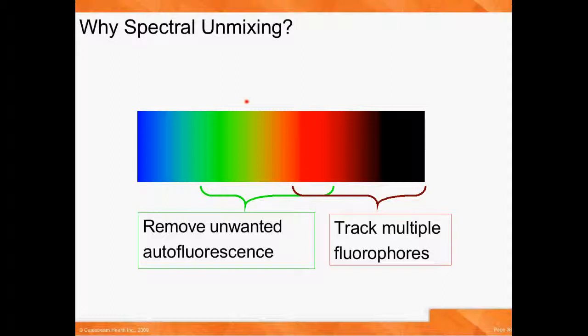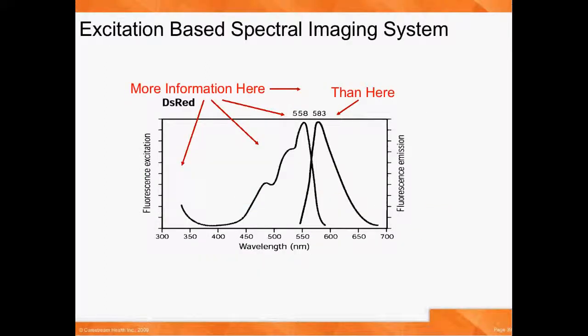If one is working in the green or yellow range, the spectral unmixing will pretty much just be utilized for removing unwanted autofluorescence. Chemistry molecular imaging utilizes excitation-based spectral unmixing in our system because there's more information typically in the excitation side of a probe than in the emission side.